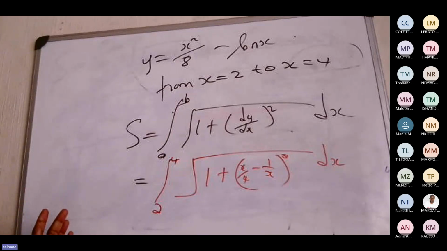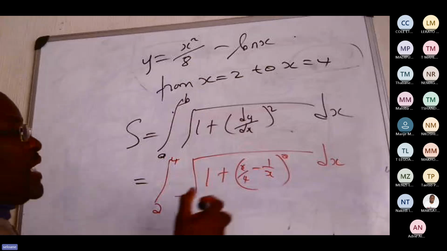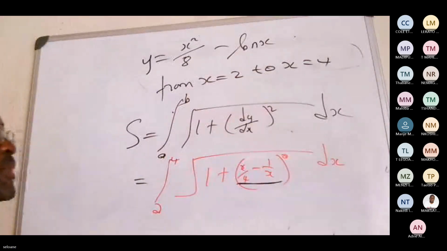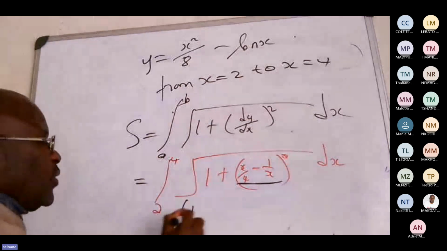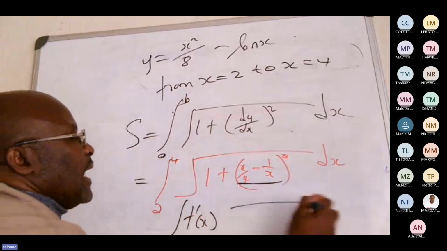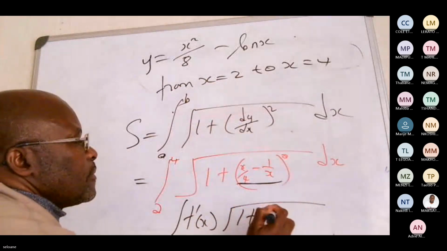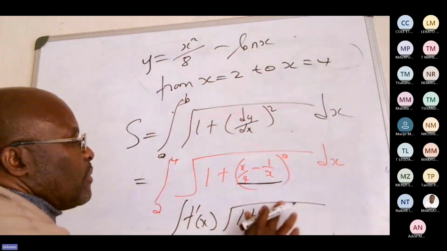The answer is no. Because if you take this as your f of x, what will be its actual derivative? Because remember, the one that we just did was something like this.